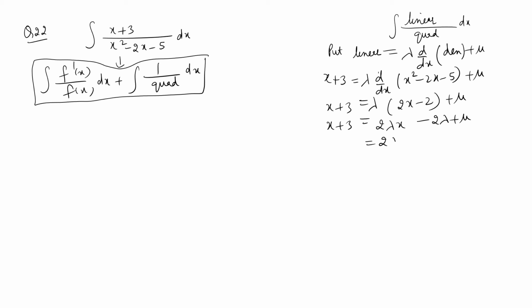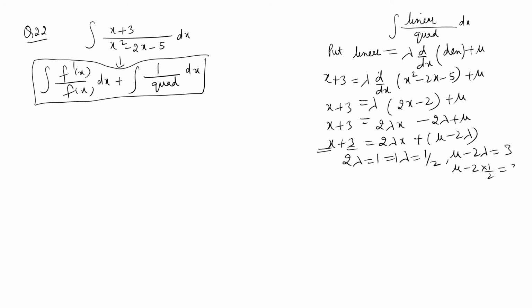The constant term in standard form is mu minus 2 lambda, so that there is no mistake. So 2 lambda is 1 because the coefficient of x is 1, implies lambda is half. And mu minus 2 lambda is the constant term, which is 3. So mu minus 2 into 1 by 2 is 3, so mu is equal to 3 plus 1, which is 4.